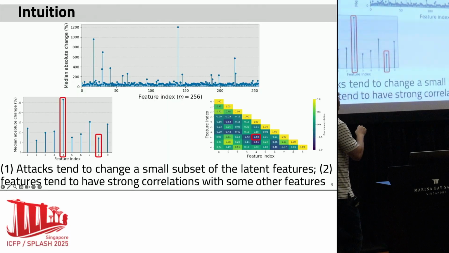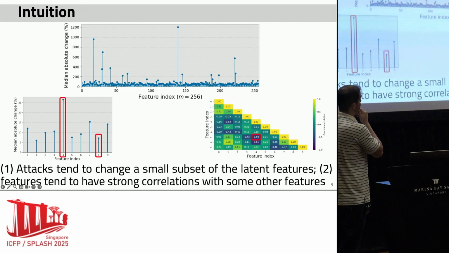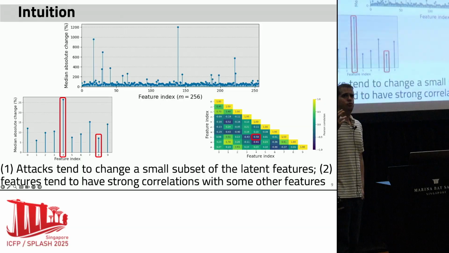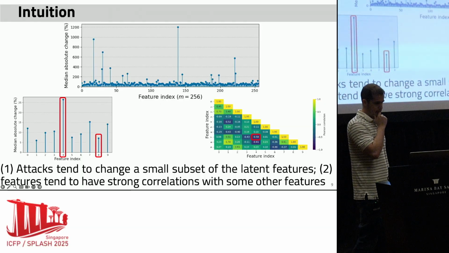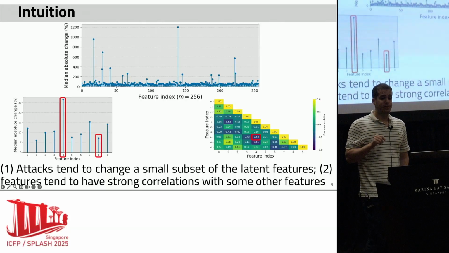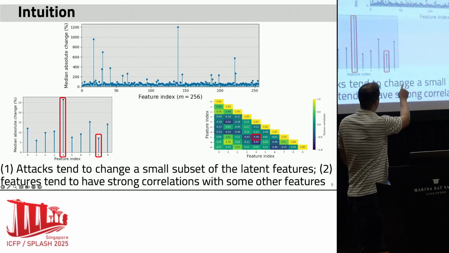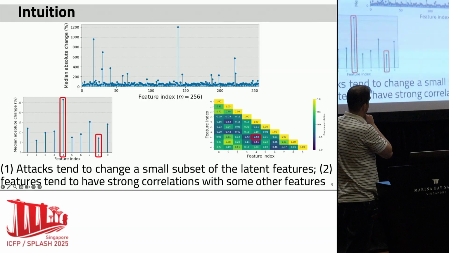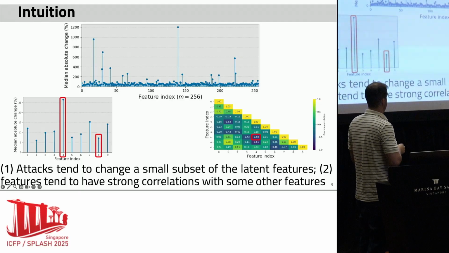Before getting into the details, I want to give you a short intuition about why this approach might work. At the top of the slide, you can see the median absolute change of the latent feature under an adversarial attack. As you can see, only few features are massively impacted by the attack, while the others are less impacted.